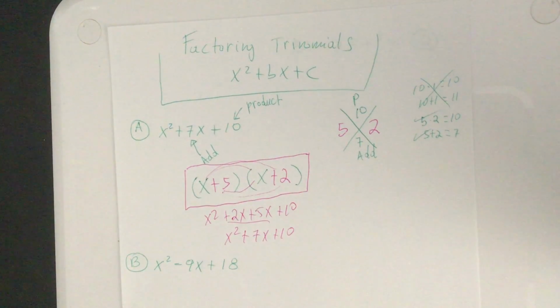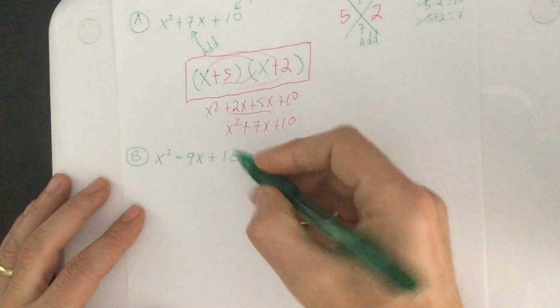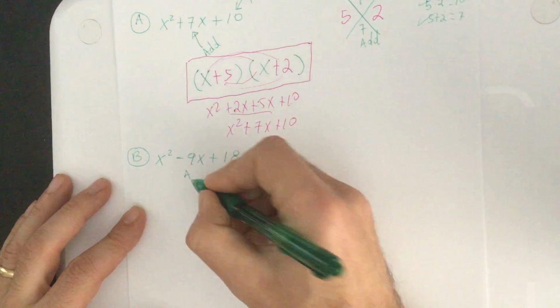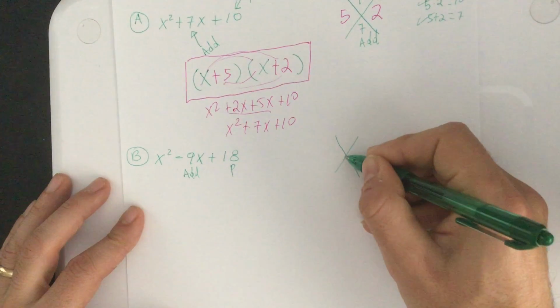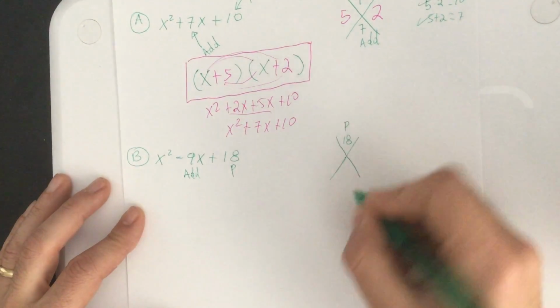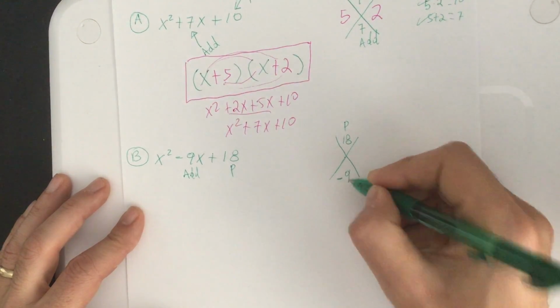Now let's take a look at another example here. Again, this is my product and this is my addition. So I'm looking for two numbers that multiply together to give you 18, but at the same time, when you add them, you get negative 9.